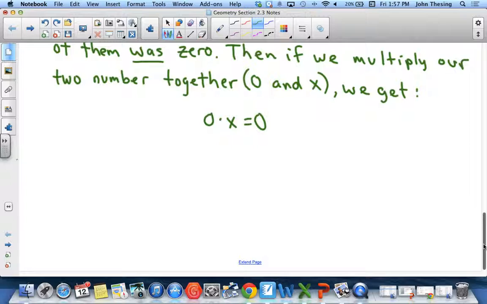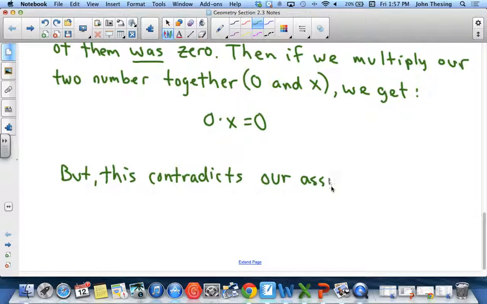So what's the problem here? This contradicts our assumption.